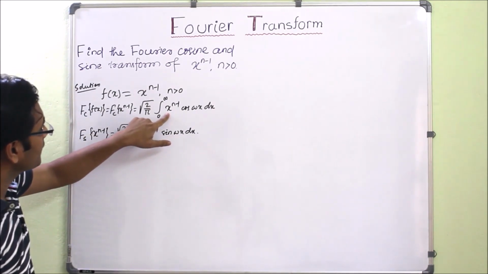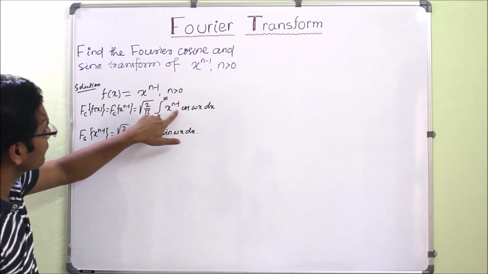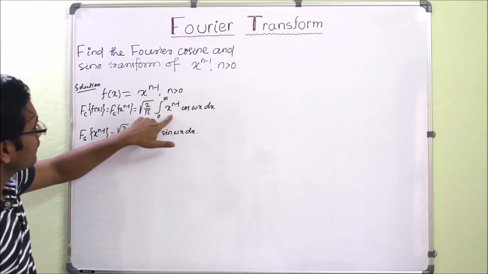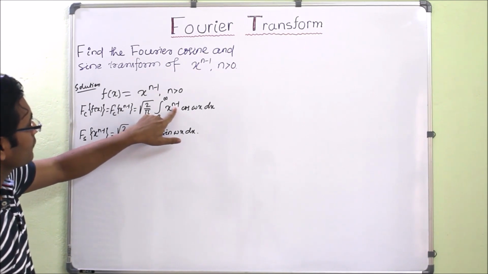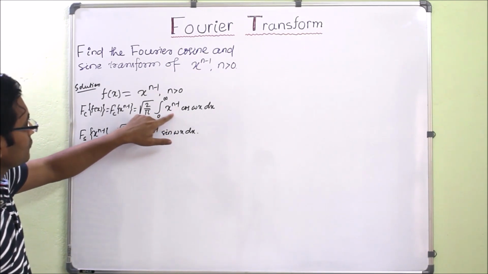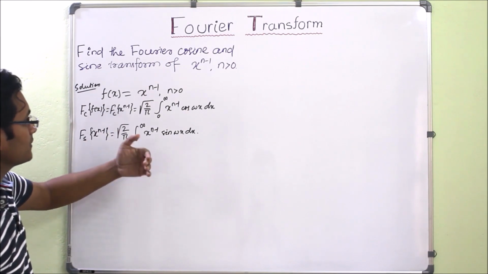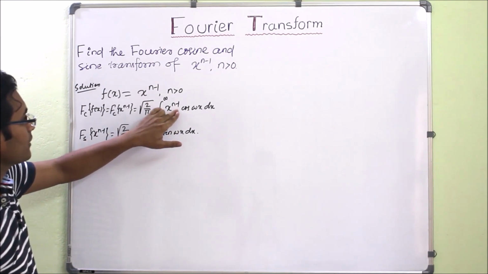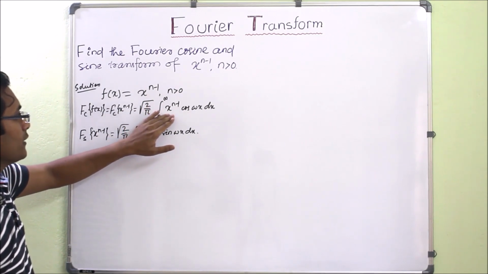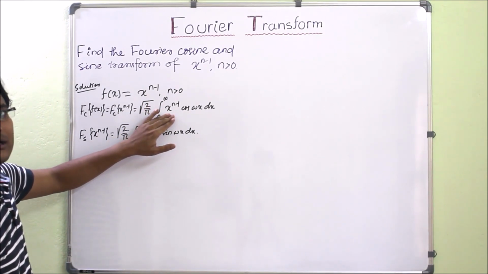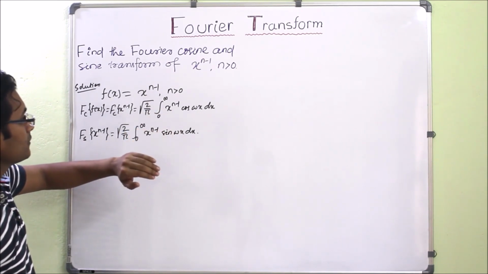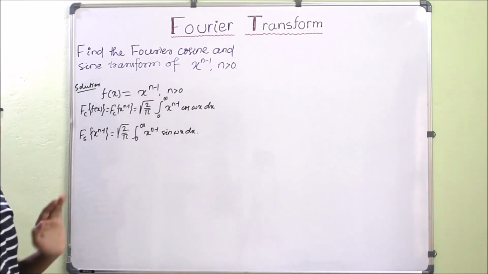Here there is the x to the power n minus 1 term, and another is cos wx. We don't know the n value, and we have to keep on integrating, because x to the power n minus 1 is there, we have to reduce it till it becomes linear and constant form, that is x. So it will be very difficult to handle.